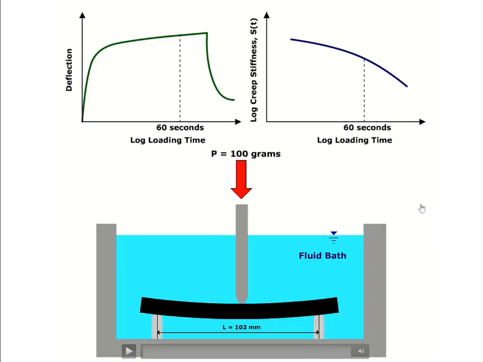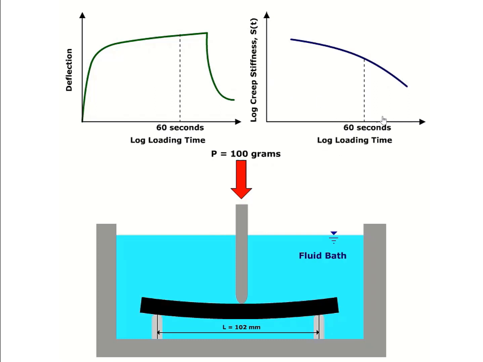You may wonder how to get the creep stiffness S(t) based on the measured deflection. So what's the relationship between these two plots? The deflection versus time is what we measured directly from the experiments, and based on this plot, we can plot the creep stiffness S(t) versus time.